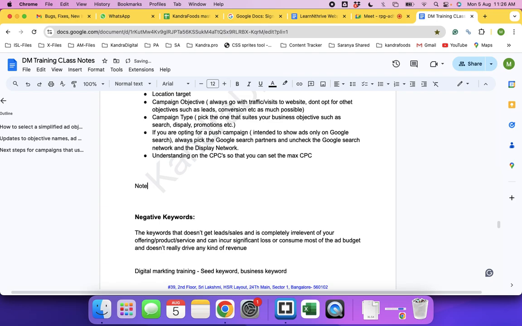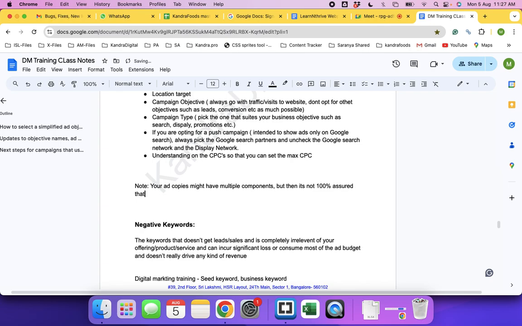Okay. Note: your ad copy might have multiple components, but it's not 100% assured that every single piece of information is displayed.